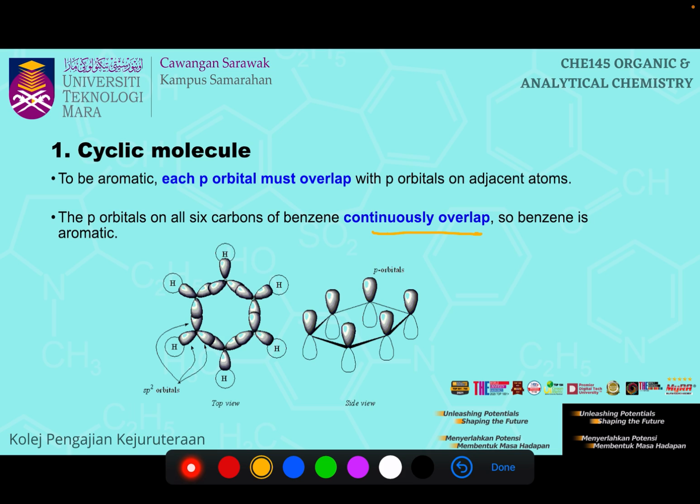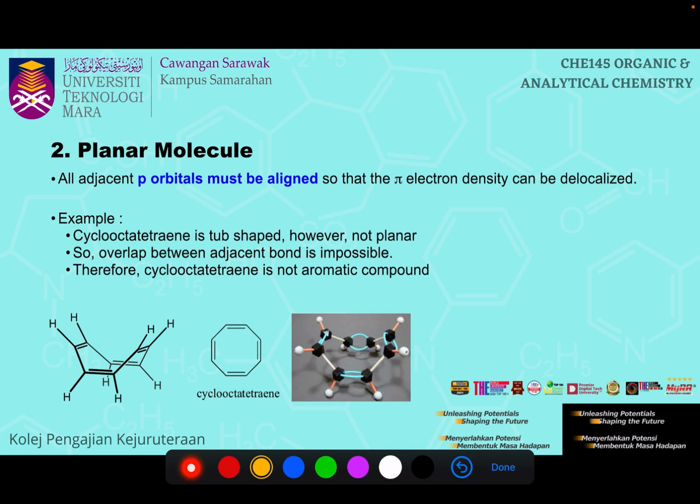We already stated this quite clearly in the first subtopic where we talk about the structure. Next, a planar molecule. All adjacent p orbitals must be aligned so that the pi electron density can be delocalized. For example, here is cyclooctatetraene.